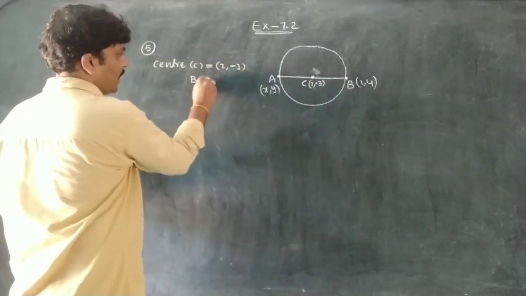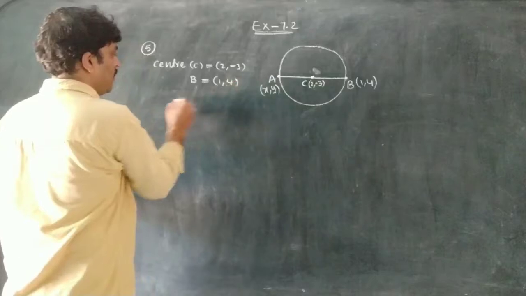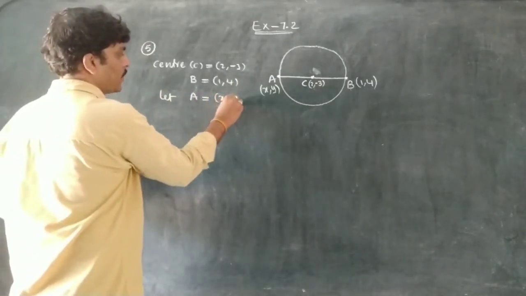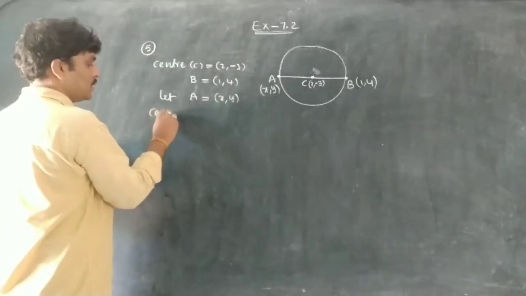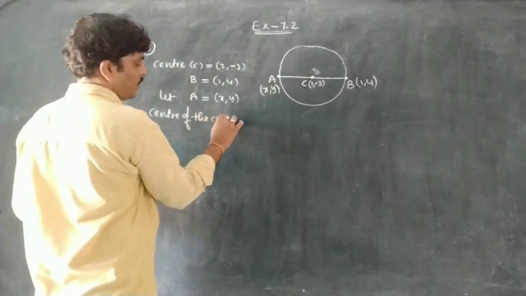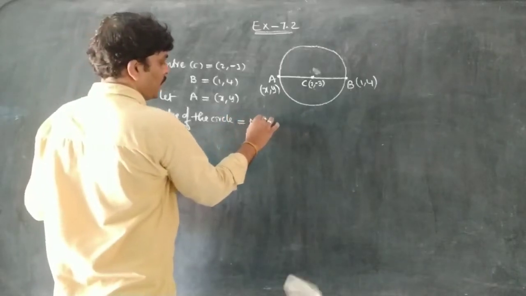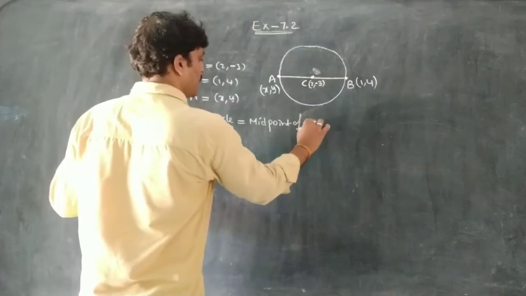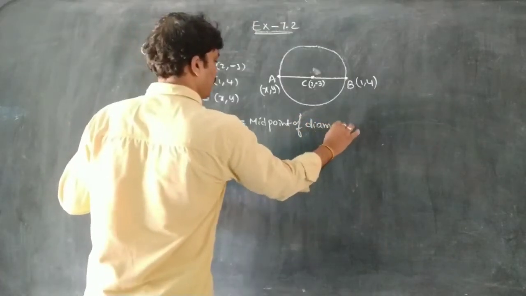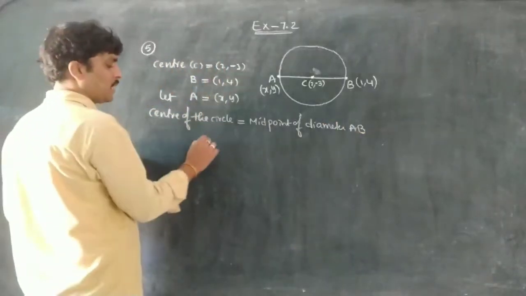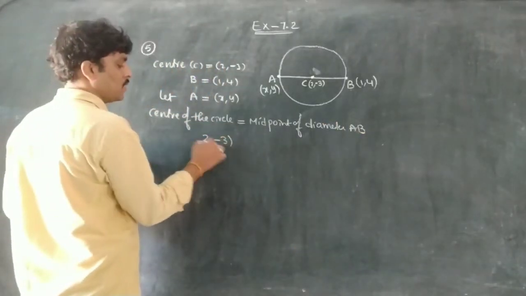B is one of the endpoints, 1 comma 4. Let A is equal to x comma y. The center of the circle is the midpoint of the diameter.